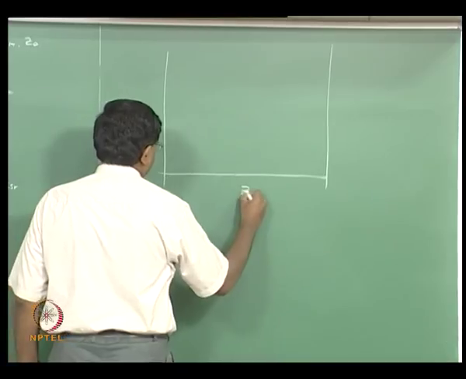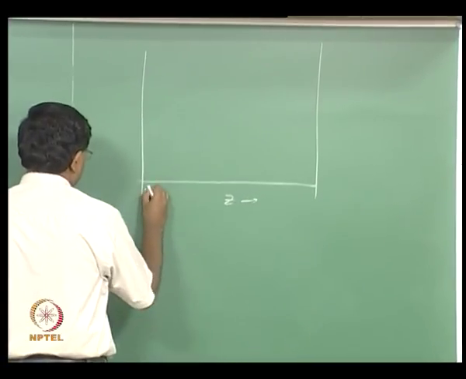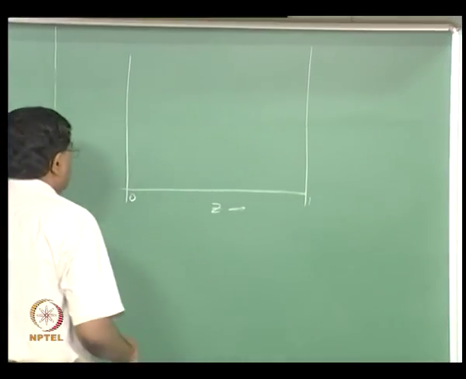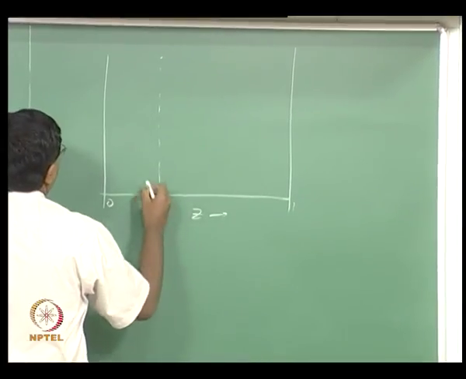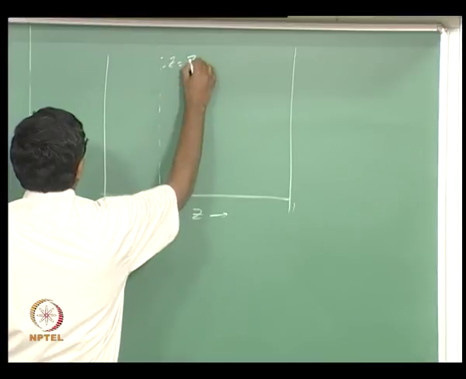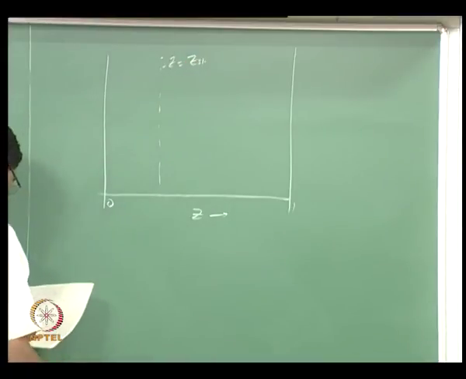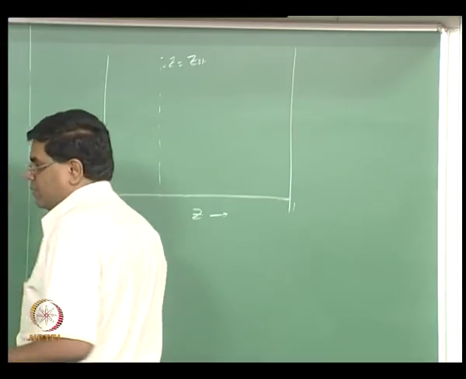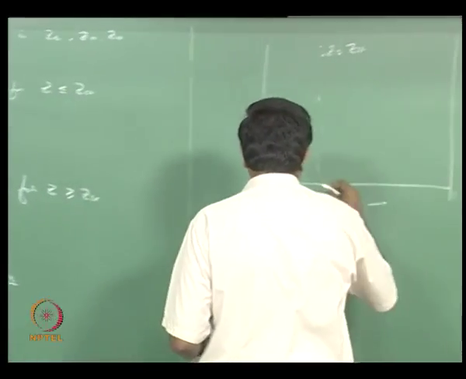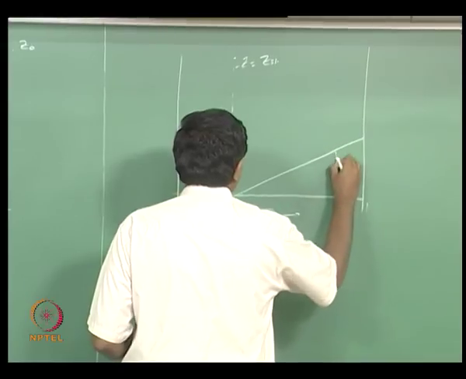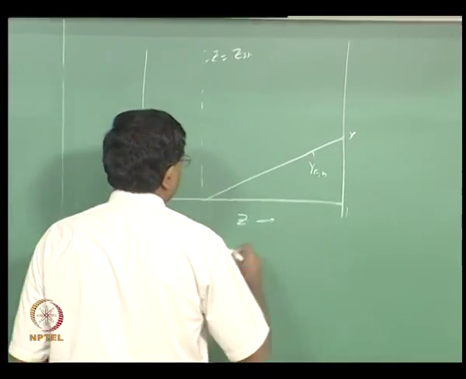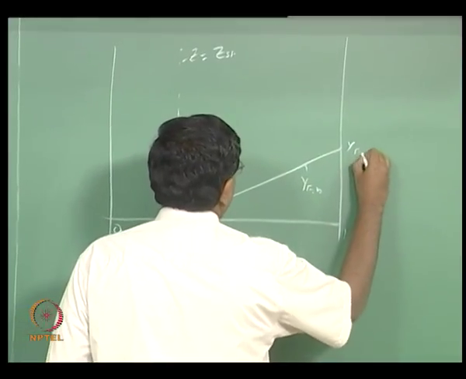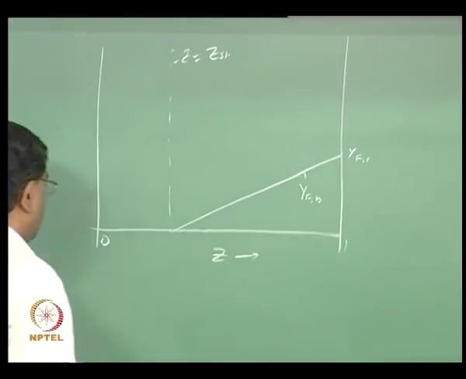So you still have Z along the horizontal axis going from 0 to 1, and we now locate the stoichiometric surface at somewhere in between, and we noticed earlier from that picture, just to reproduce, your YF comma B goes from 0 at Z equal to Z stoichiometric to YF comma 1 when Z is equal to 1.